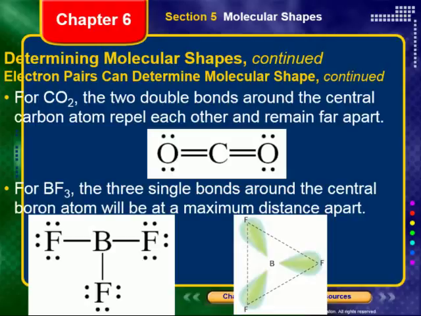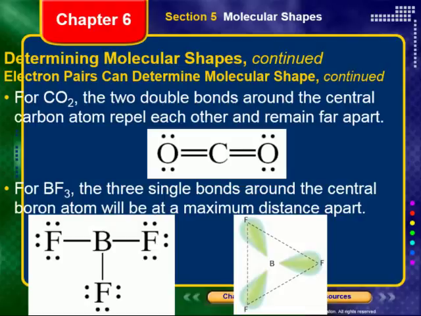But you'll also notice that those double bonds are spread out as far away from each other as is possible. We don't have one double bond and then another double bond coming out 90 degrees from the first double bond. It's at 180 degrees. That's the largest distance from each other as is possible, and that is going to be predicted or anticipated by VSEPR theory.